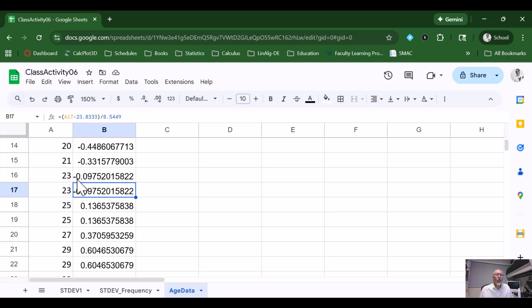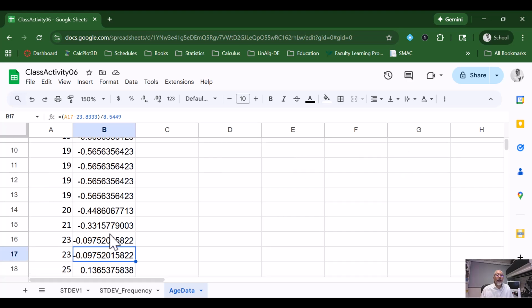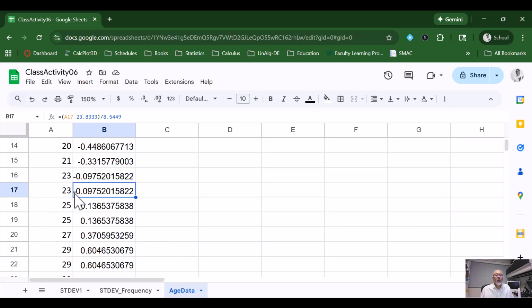So this is negative 0.09. You're a little bit less than the mean, but you're really close to the mean. If you're exactly 23.8 years old, then you would be exactly 0 here. Okay, so anything that's bigger than 23.8 will have a positive z-score, because now you're on the right side.